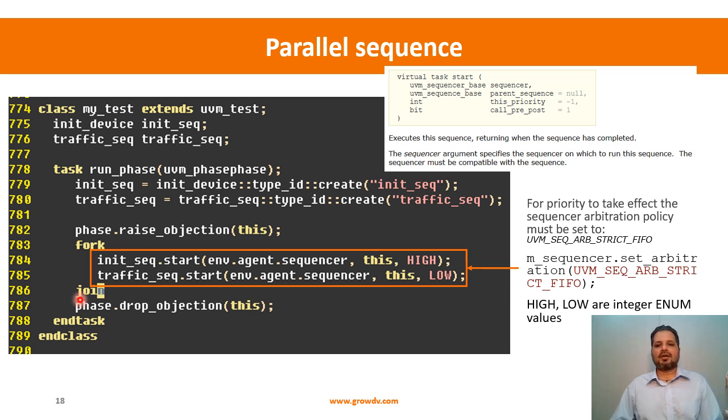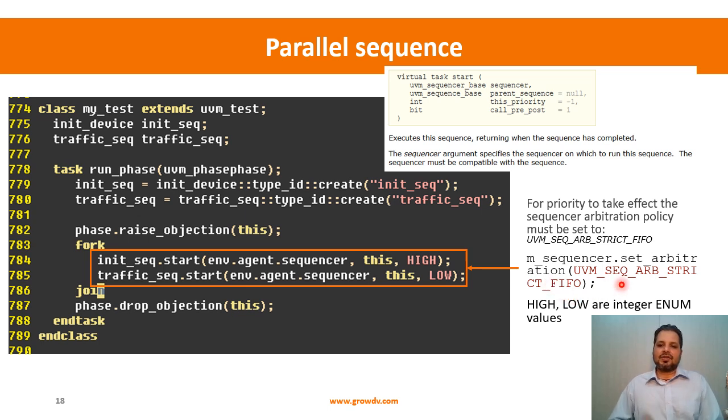Additionally, I have to set the arbitration policy of the sequencer to UVM_SEQ_ARB_STRICT_FIFO. I can set this either by calling env.agent.sequencer.set_arbitration, or, if I want to set it within the particular sequence, I can use a handle called m_sequencer.